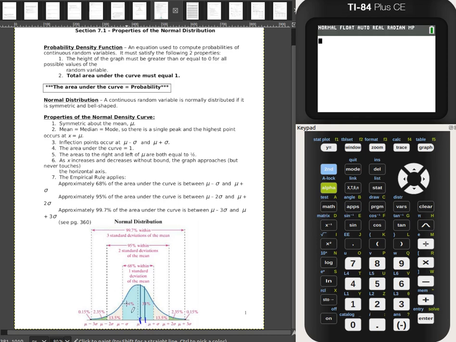Inflection points are here and here. That just means it goes from being concave down like this one to concave up on the tails. The area under the curve is 1. To the left of the mean is half the area, and to the right of the mean is the other half.